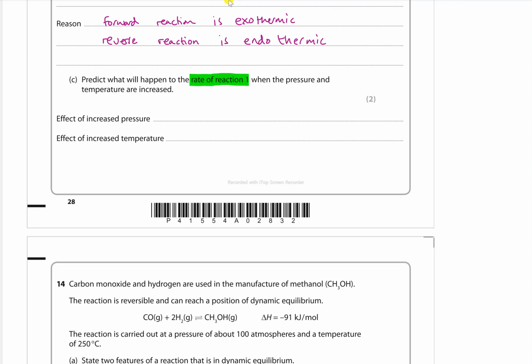So if you increase pressure, you increase rate of reaction. If you increase temperature, you also increase the rate of reaction.